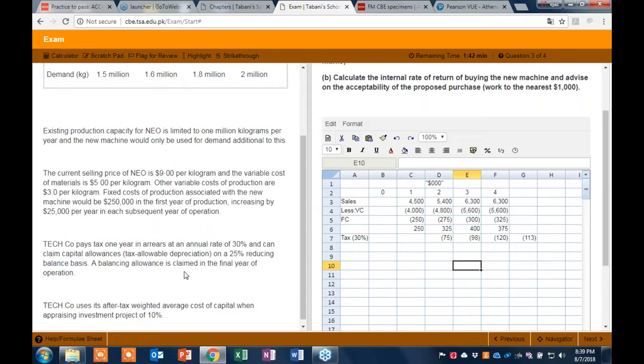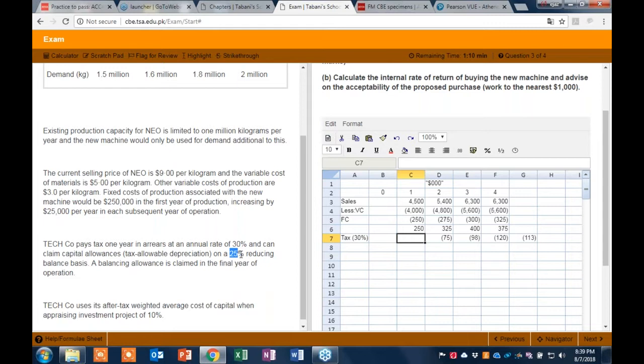It means that every year the tax authorities will allow this company to claim additional expense in the name of tax allowable depreciation. That means it can calculate tax depreciation at the rate of 25% and can claim it as expense.